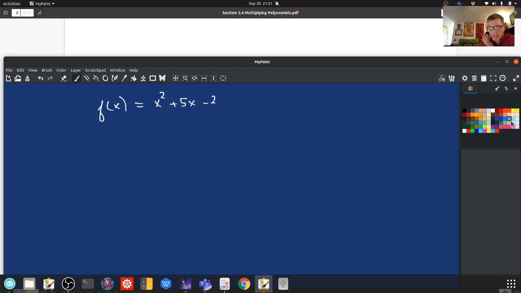So we are asked to find f of a plus 1. So this is my input value. So what I do is I just replace my x with my input value. I'm just replacing the x, and the x is squared.